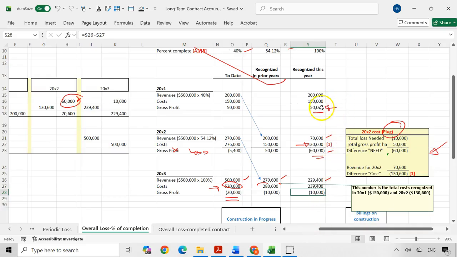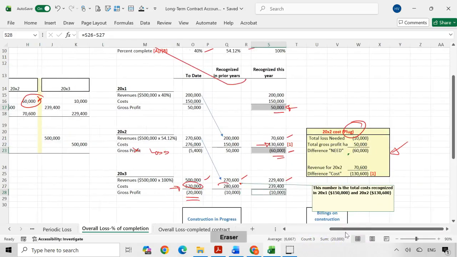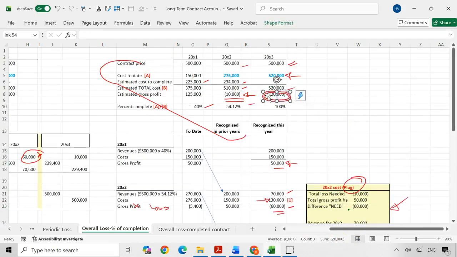And when I add all those numbers together, you can see here that the sum of all those numbers, my pen is not working. It's being pretty finicky. But the sum is right here on the bottom, a $20,000 loss, which is exactly what it should be, because this $20,000 loss is what we've incurred for the entire project.